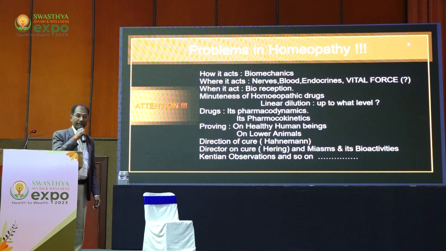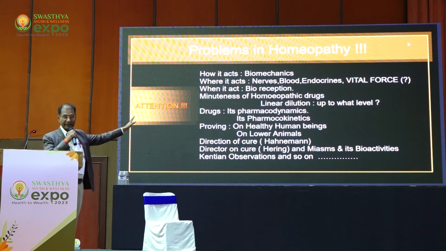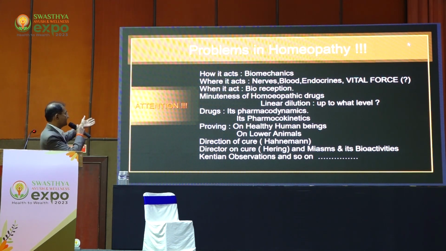Now, what are the problems in homeopathy? Most of the time, again, we ask how it acts. In modern language, we call it the biomechanism. Then we ask where it acts. We say, is it on nerves, blood, endocrine, or vital force, something like that. Then when it acts, there is the biological reception of the drug.